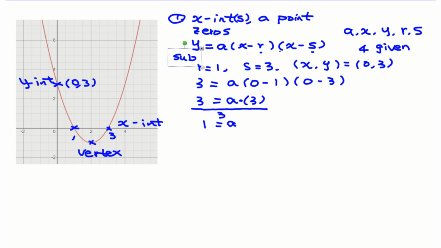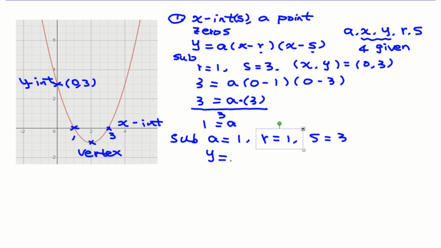In the equation before, we have 5 variables. X and y were given, so we needed a, r, and s to be left. So a is 1, r is 1, and s is 3. Subbing into the factor form, we have y equals 1 times (x minus 1)(x minus 3).